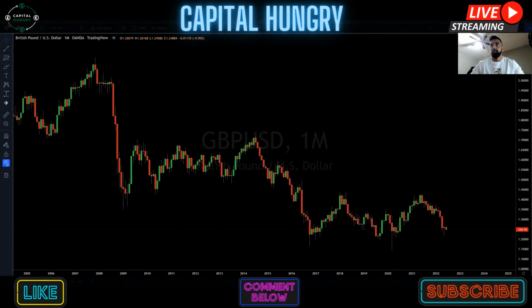Okay, so let's break down some very, very key events and some very, very similar market repetition in market structure. Now you can see during the 2007-2008 period, when we had the global financial crisis take place, from at that time, very historical high price points where the British pound was almost double the US dollar, glory days for the UK during this period in time, before all the noise from Brexit and before the global financial crisis actually took place.